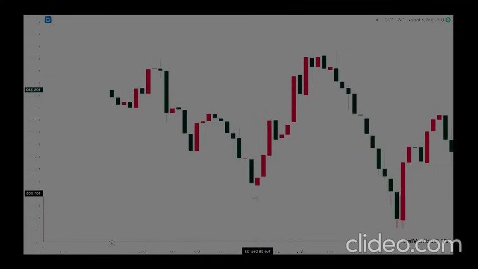So the first move was here, guys. The market pushed to this point, then pulled back, then managed to break that last high, then made a support retest here.